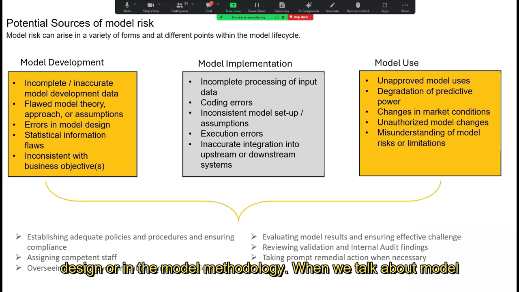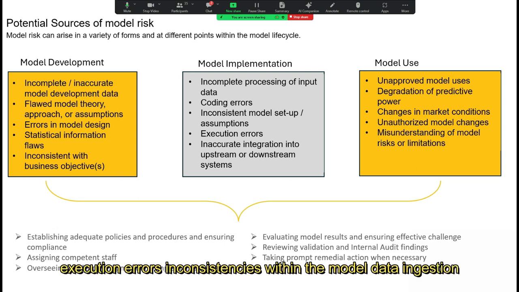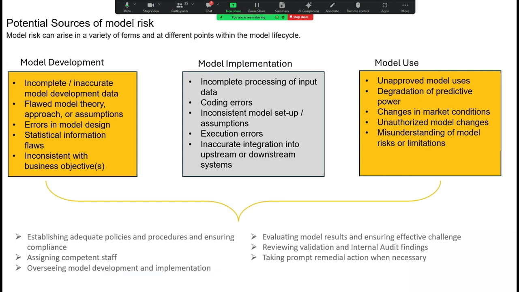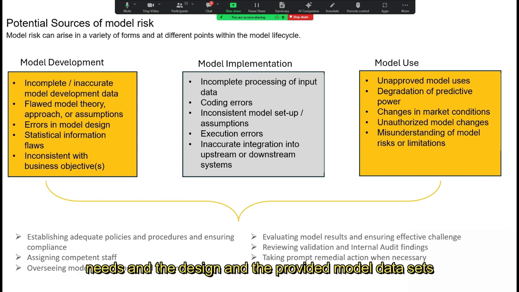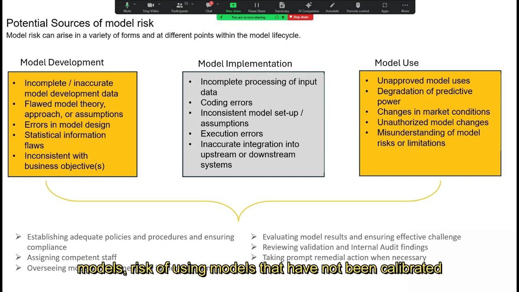When we talk about model implementation, the risks are that there are execution errors, inconsistencies between the model data ingestion needs and the designed and provided model data sets. And within model use, the risk of using unapproved or out-of-date models, or models that have not been calibrated.